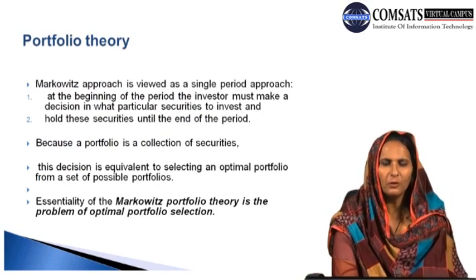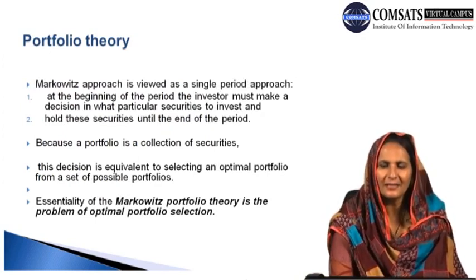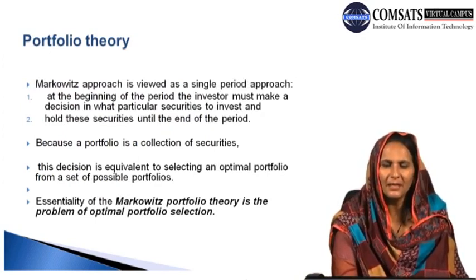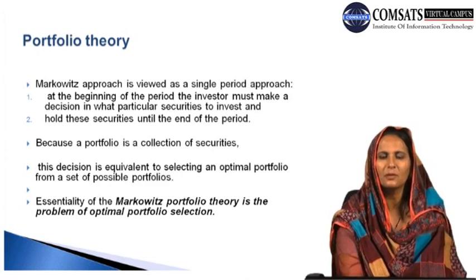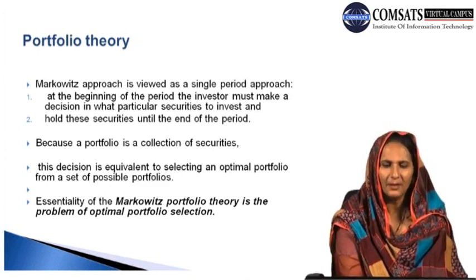Continuing with the portfolio theory, the Markowitz approach is viewed as a single period approach. At the beginning of the period, the investor must decide in what particular securities to invest and hold the securities until the end of the period.